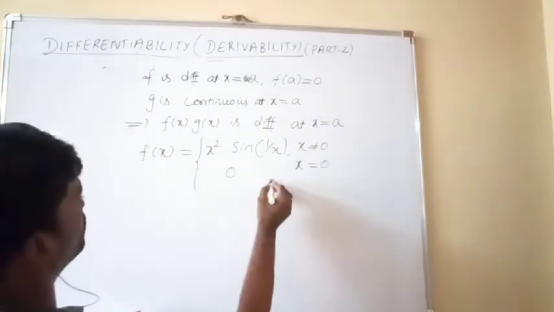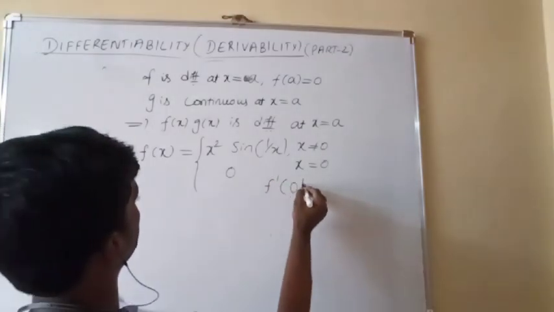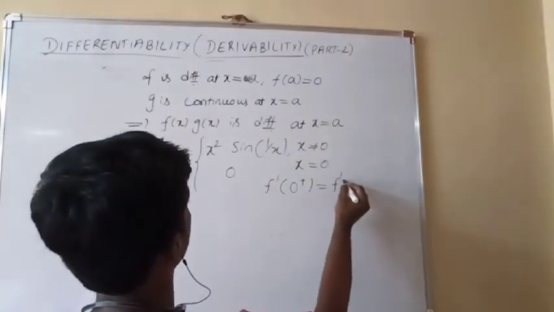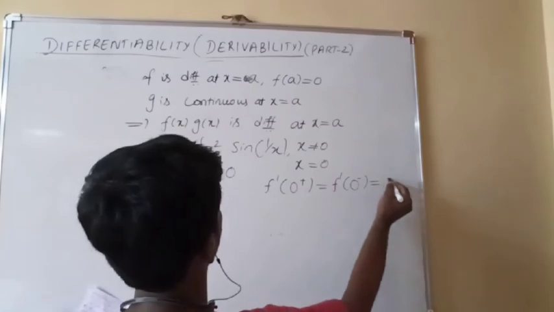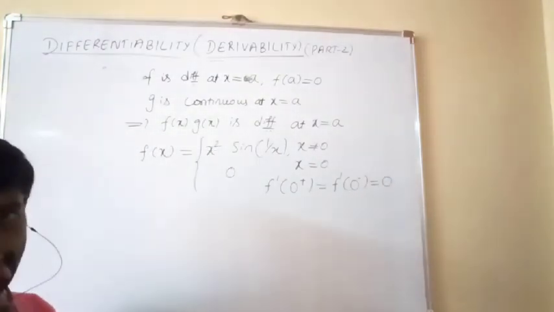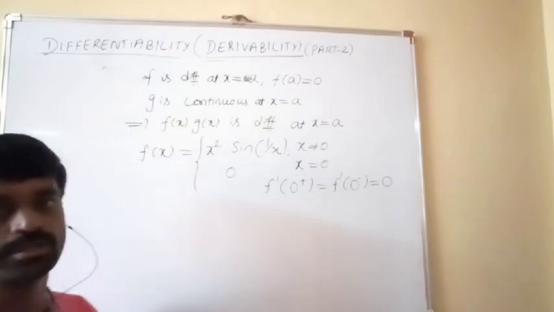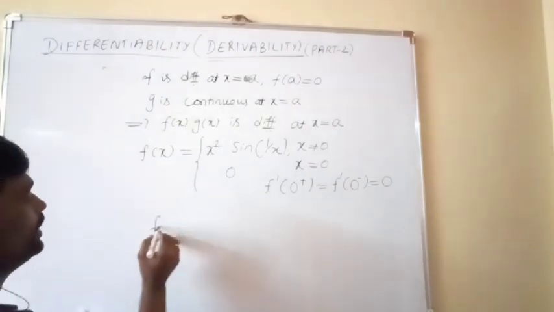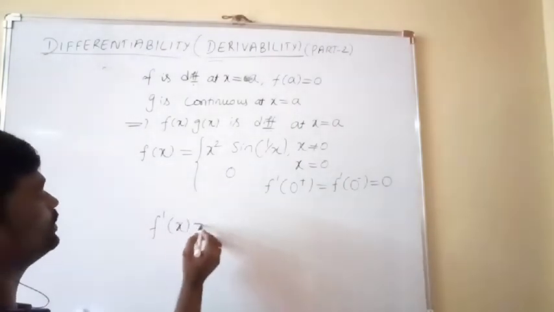For this problem, if you find both left hand derivative and right hand derivative at 0, both are 0. That means f is differentiable at x is equal to 0. Obviously it is continuous at 0. Then f dash x, what will you get?